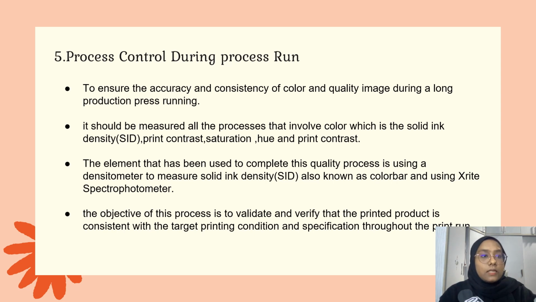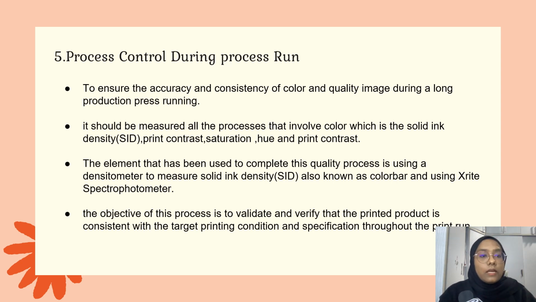Next is process control during press run. This is to ensure the accuracy and consistency of color and image quality during a long production press run. It should measure all the processes that are involved: color, which is the solid ink density, print contrast, trap, saturation, hue, and grayness.